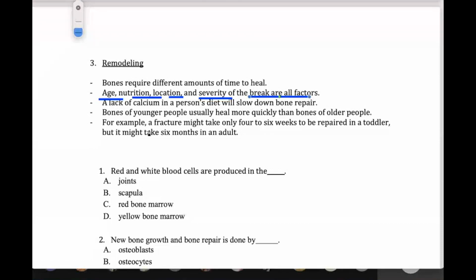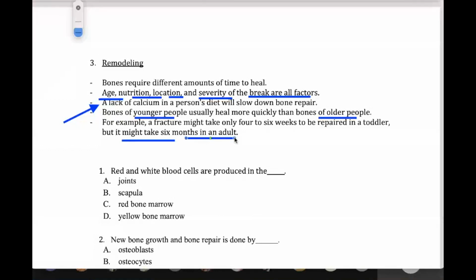So the person has to eat things which are good for bone repair, a lot of calcium. They need to eat more calcium. Young people will heal the bone faster as compared to old people, and it may take from 1 month to 1.5 months, even 2 months, 3 months, sometimes 6 months.